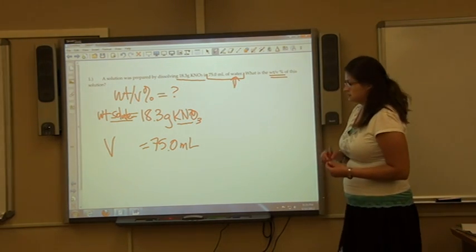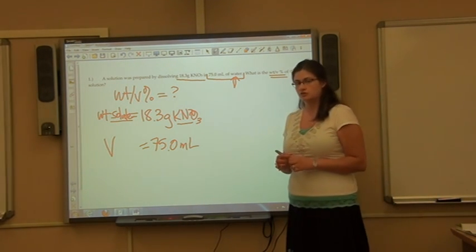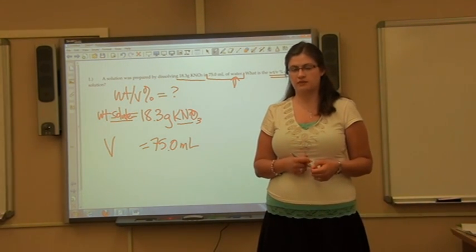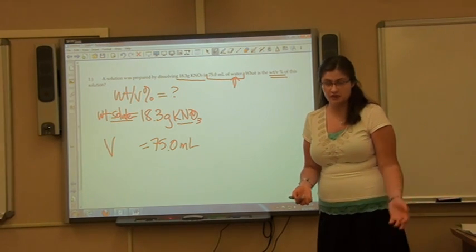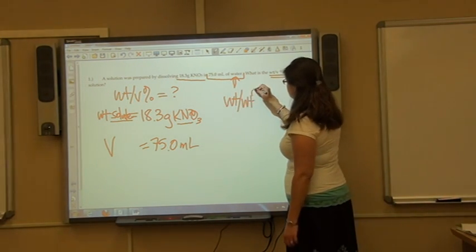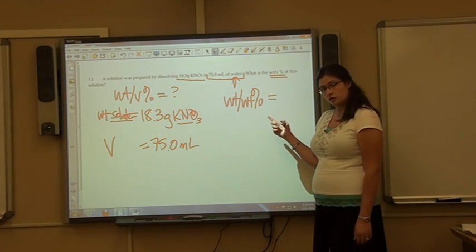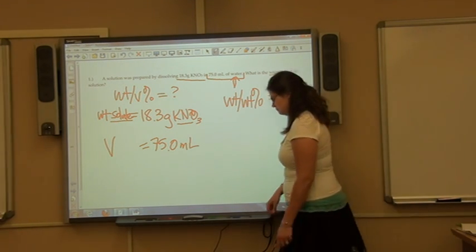Now, the second step is to write down the formula you need. So you want to look at your formula sheet. Is there anything in there that has weight per volume percent? Well, the weight per volume percent formula, right? Is this the formula you want? No, that's the weight per weight percent formula.